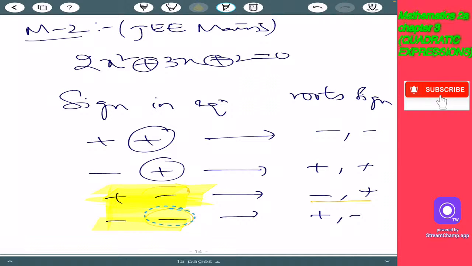Because of that, you are getting the root signs different, isn't it? And if you are having a positive sign in the second, that is for the constant term, you will get the same sign for your roots. Got it? That I was saying.